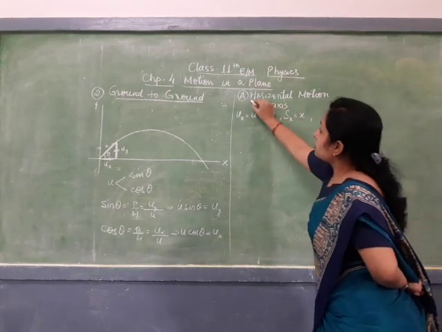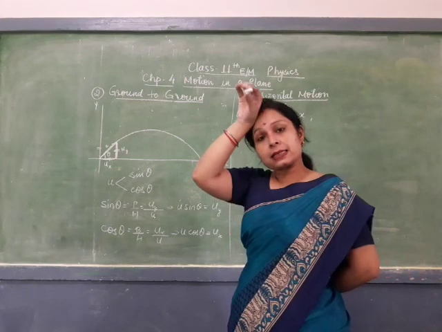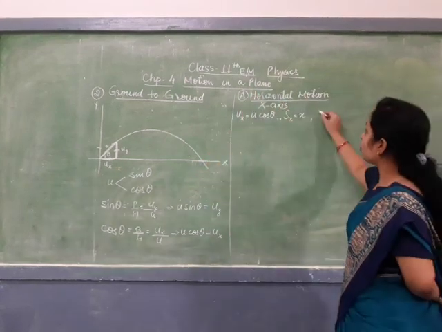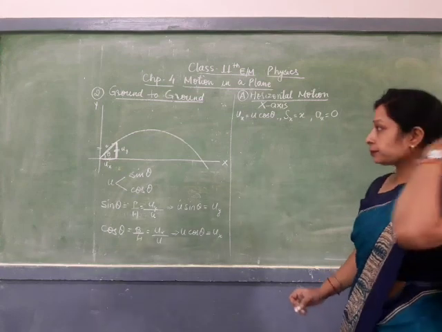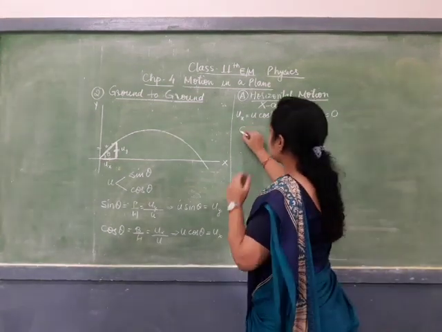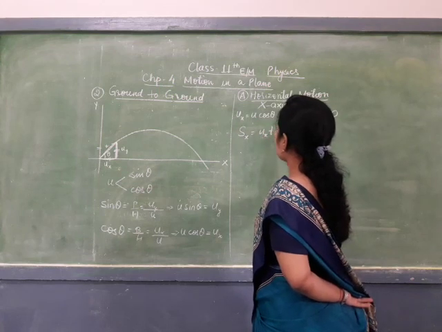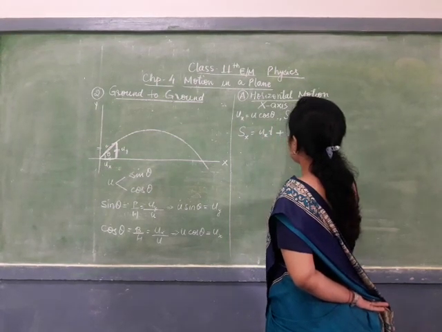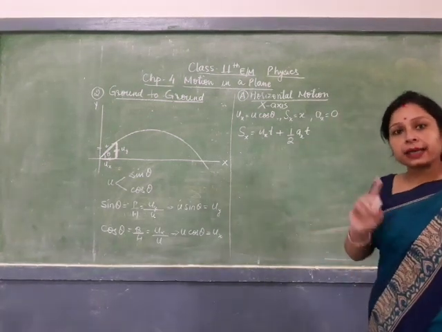Because the body is moving in a horizontal motion, the acceleration with respect to the x-axis is zero. This is the second equation with respect to the x-axis.